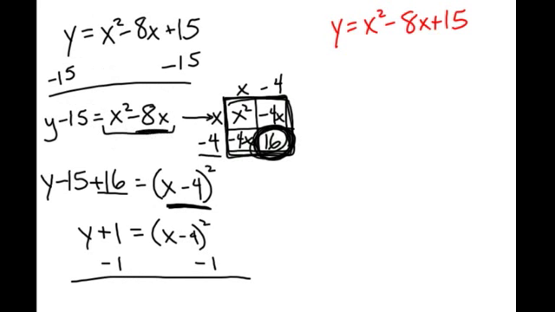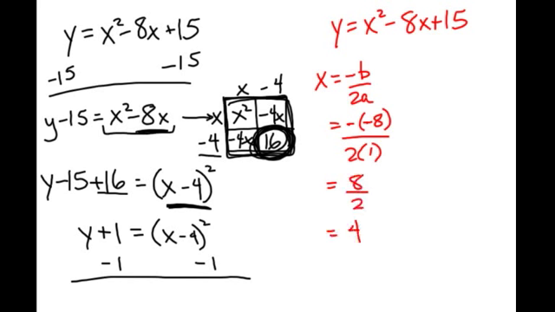I would like to find the vertex the first way I learned it, x equals negative b over 2a, which is negative negative 8, over 2a, which is 2 times 1, which is a negative times a negative is a positive 8 over 2, which is 4.